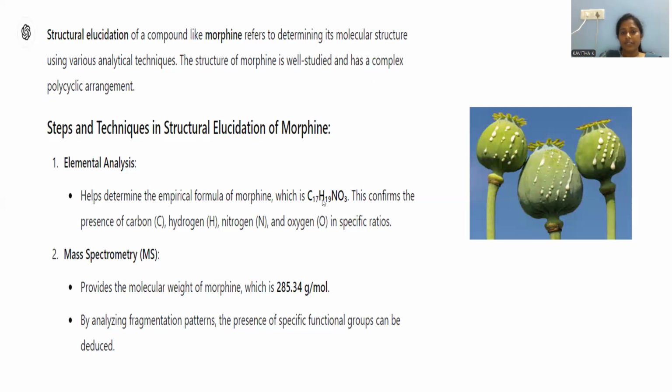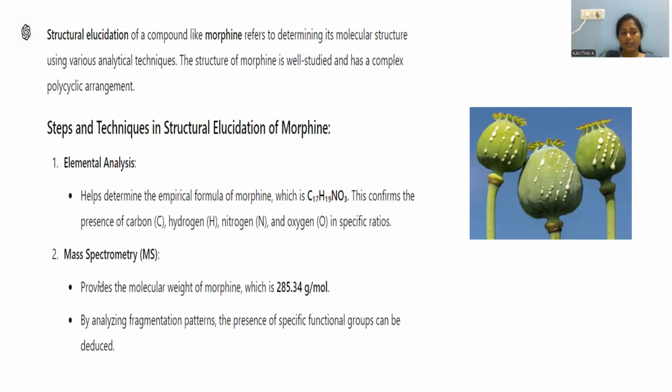C17H19NO3 is the molecular formula for morphine, and this chemical composition is deduced by elemental analysis. Using elemental analysis, we identify how much percentage of carbon, hydrogen, nitrogen, and oxygen is there, the individual ratios. This is the elemental analysis.